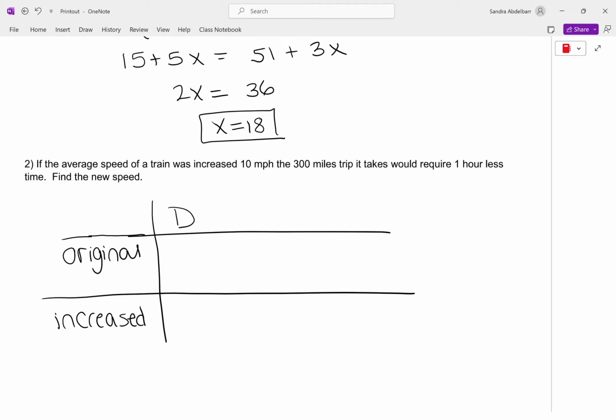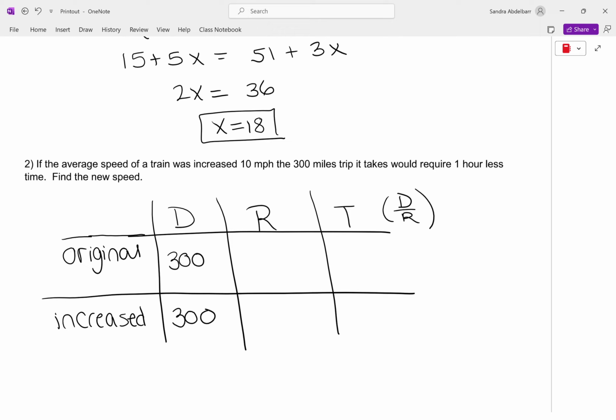So again, we're dealing with our distance, our rate, and our time. And remember, our time is our distance over the rate. So for both of these, the original and the increased, do we all agree that our distance is still 300? So distance is 300 for the original, distance is 300 for the increased.